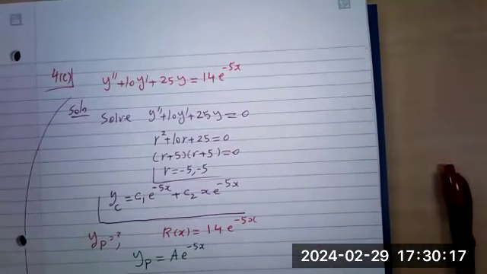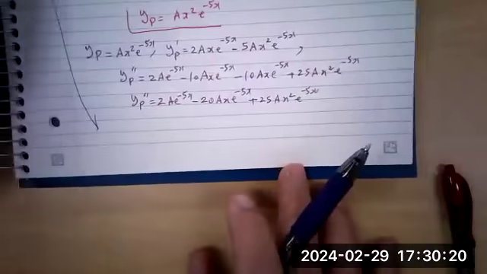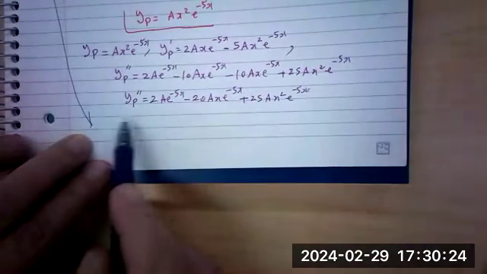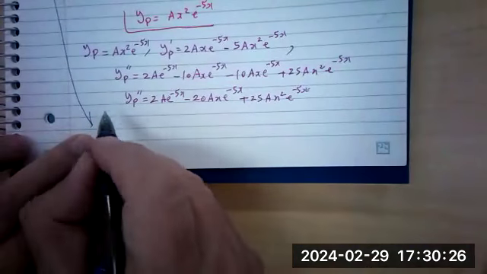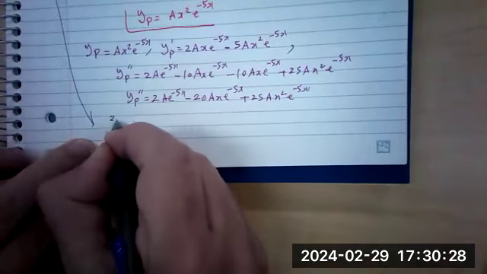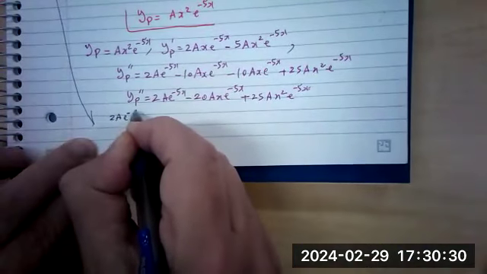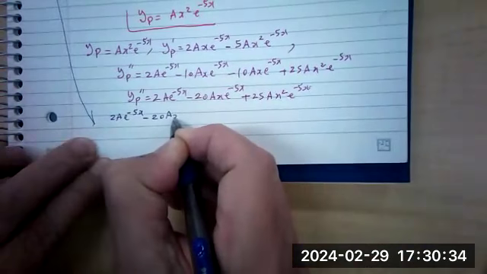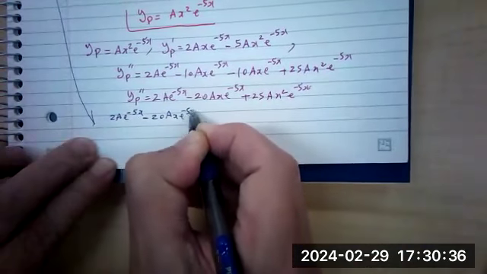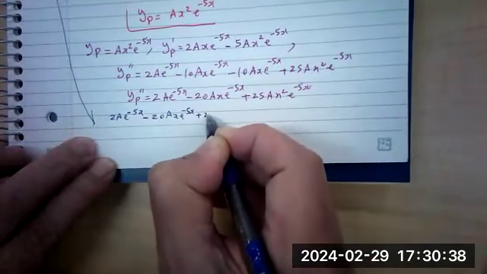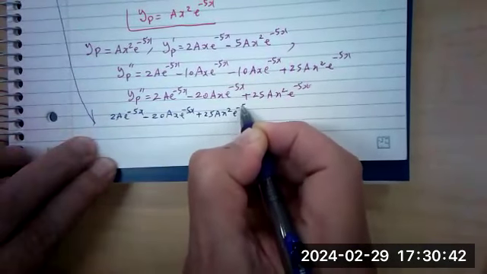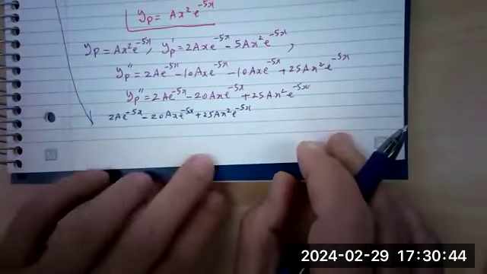So I'm going to substitute, starting with the y double prime. This is your y double prime: 2ae to the negative 5x minus 20ax e to the negative 5x plus 25ax squared e to the negative 5x. It's a plus 10y prime.